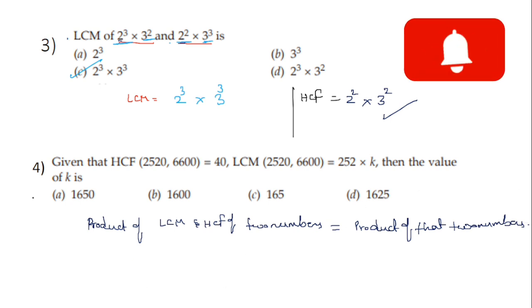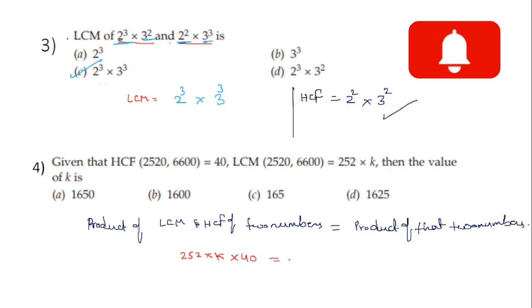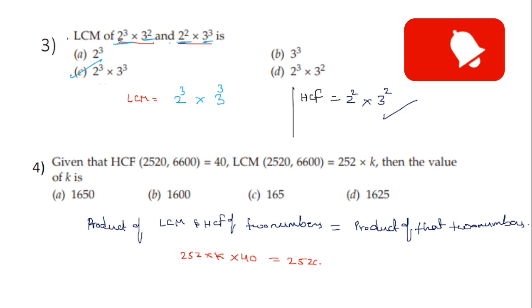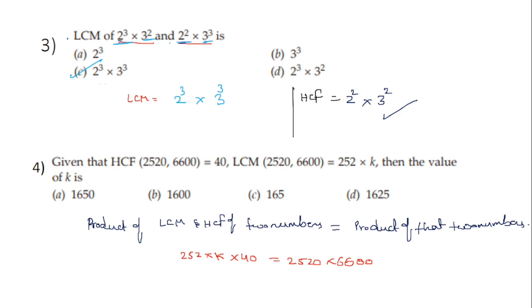So here, we can say that LCM is 252 into K and HCF is 40, and that is equal to 2520 into 6600. So K is equal to 2520 into 6600 upon 252 into 40.